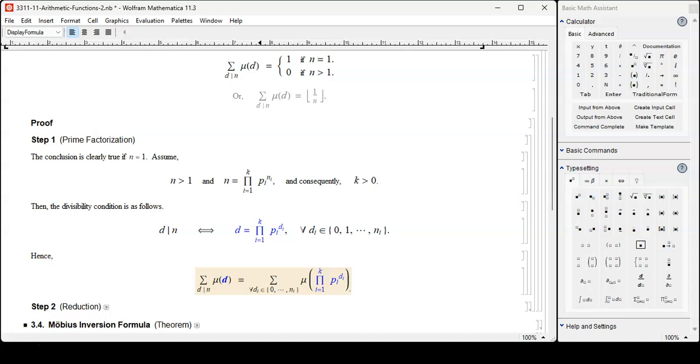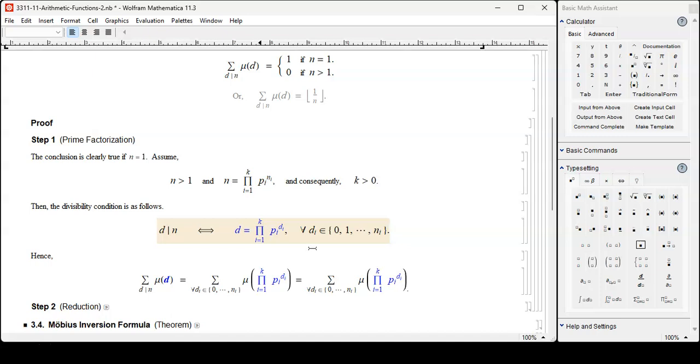Now, let's work out one more. We don't have to consider all the d_i's from 0 to n_i. You see, in order to get all the divisors, this power can be anything from 0 to n_i, 0, 1, 2, 3, 4 up to n_i.